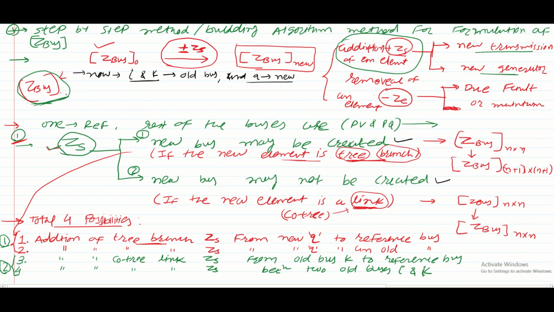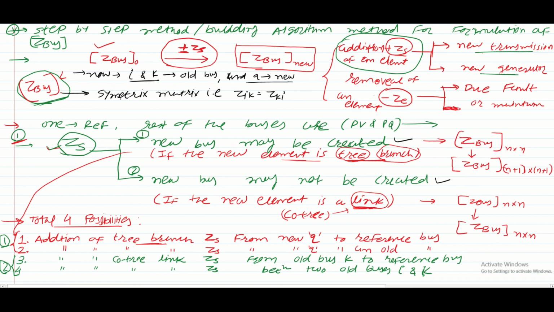Some characteristics of this Z bus matrix: it is always a symmetric matrix. That means Zik is equal to Zki.